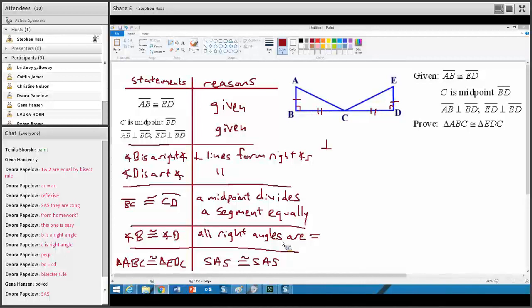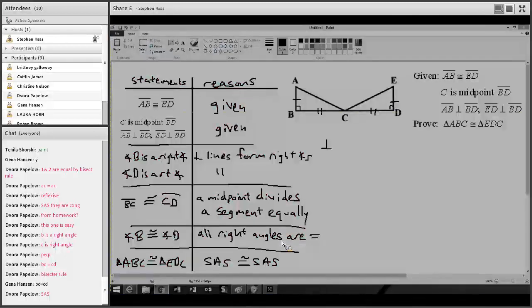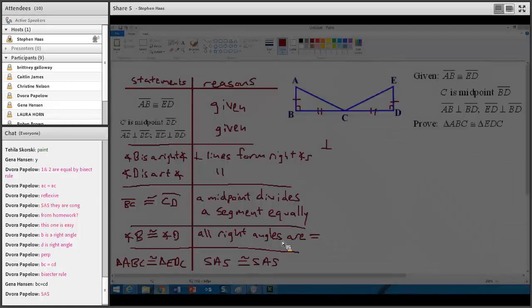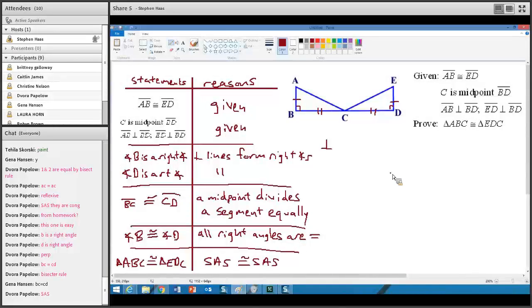Okay, how about this one? This one looks better. Okay.